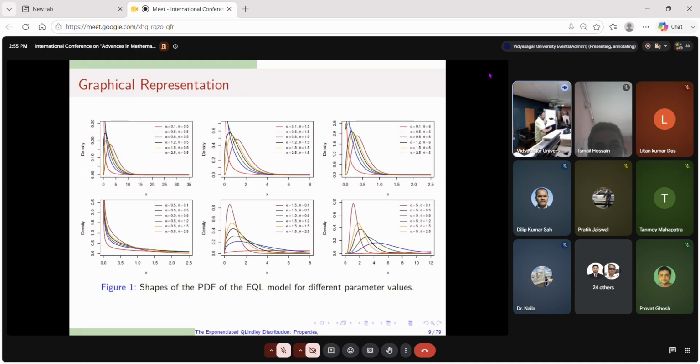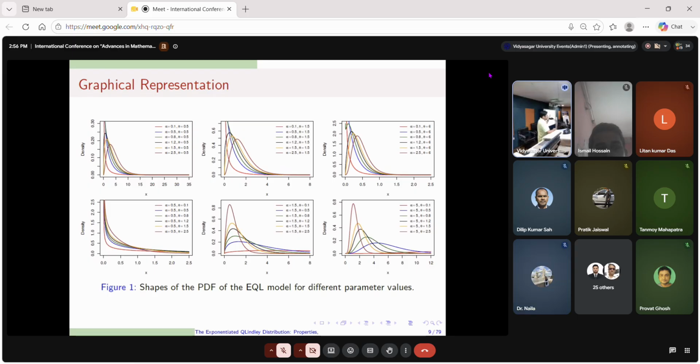And these are the different shapes, with different choices of parameters. In the case of the QLindley distribution, alpha and theta are the 2 parameters. With different choices of parameters, we have plotted this particular PDF. I'm not going to discuss the shapes in detail, but once you plot the distribution, you observe that it has different types of shape.